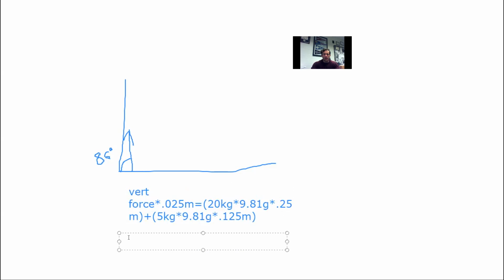And then we need to actually solve for the hypotenuse. So we're going to take effectively the sine of 86 degrees equals the vert force over the bicep force.